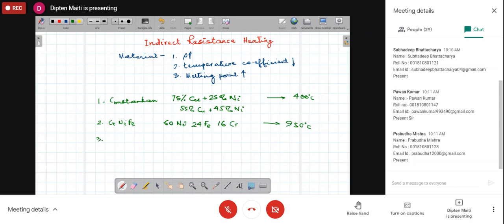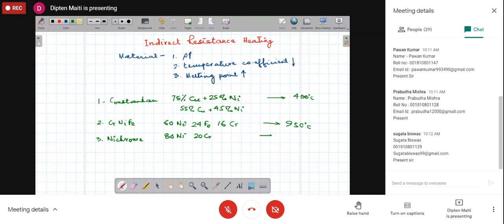Another type is of course the popularly known material nichrome. So here nichrome has around 80% of nickel and of course 20% of chromium. This can be used around 1100 degrees centigrade.